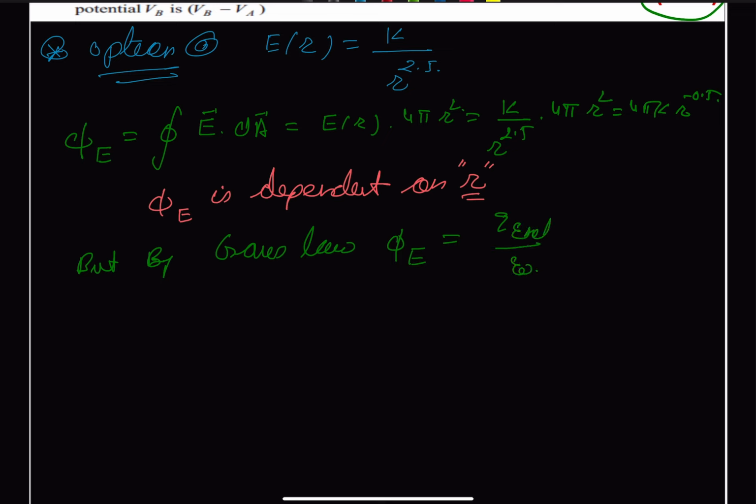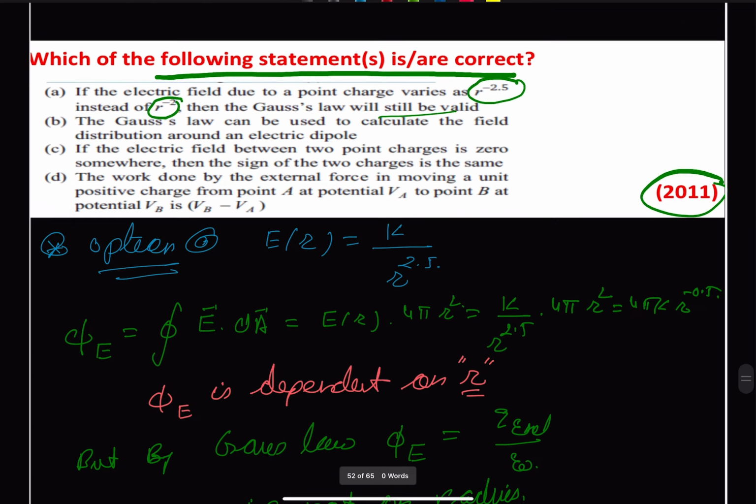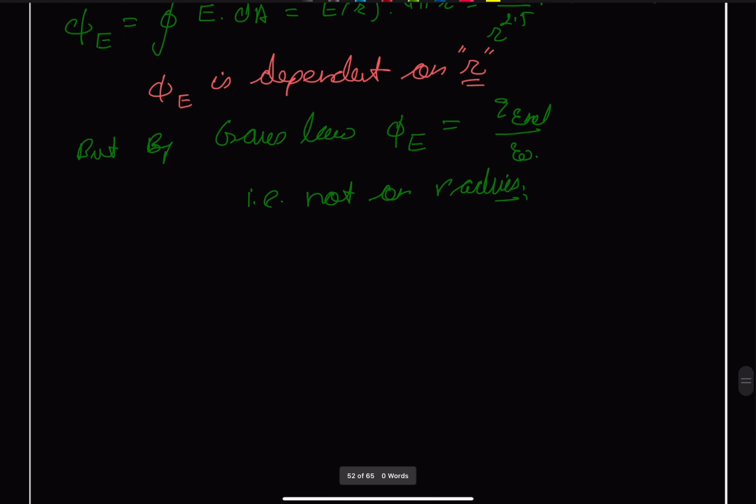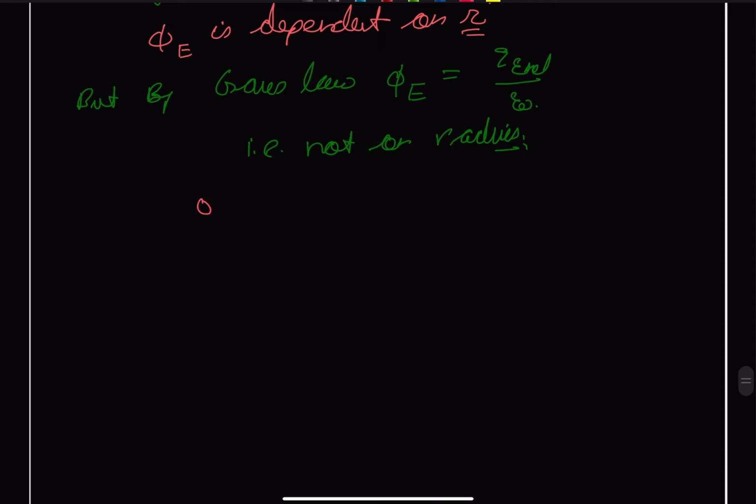So it does not depend on radius. Thus we can say that option A is incorrect. Now part B, or rather option B.